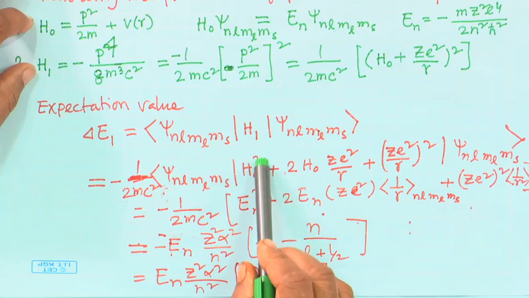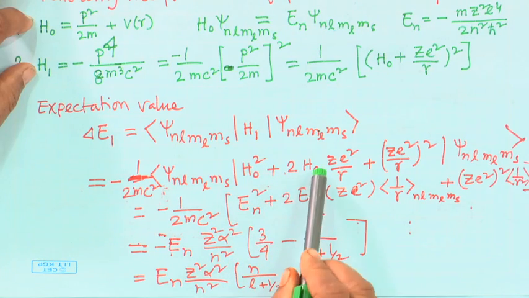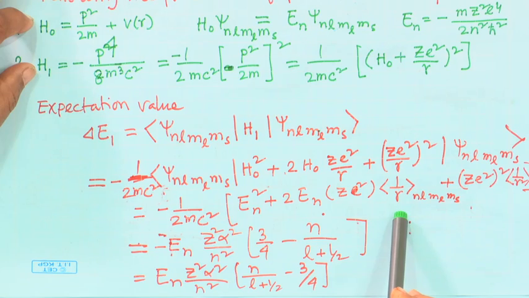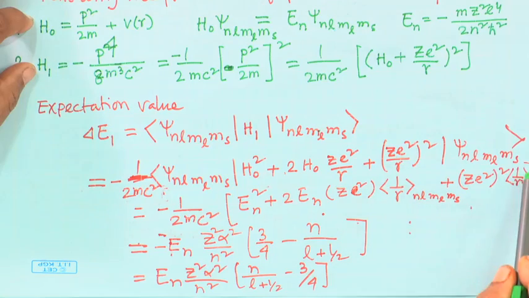So H0 square gives En square. Now, you have to find the average expectation value of 1 by r for this psi, and similarly for the other term, the expectation value of 1 by r square.